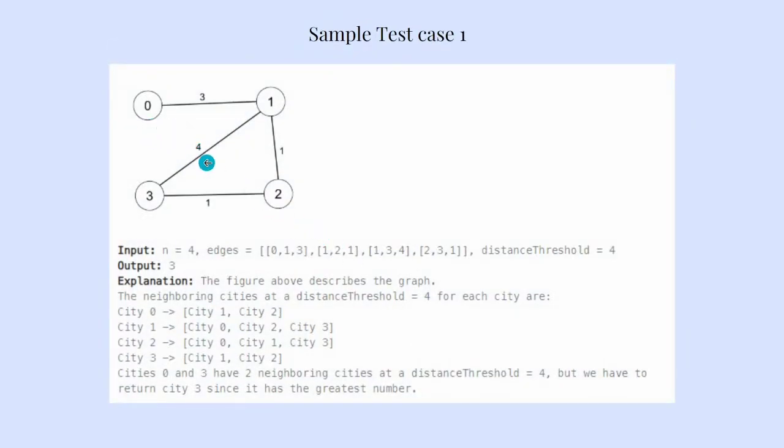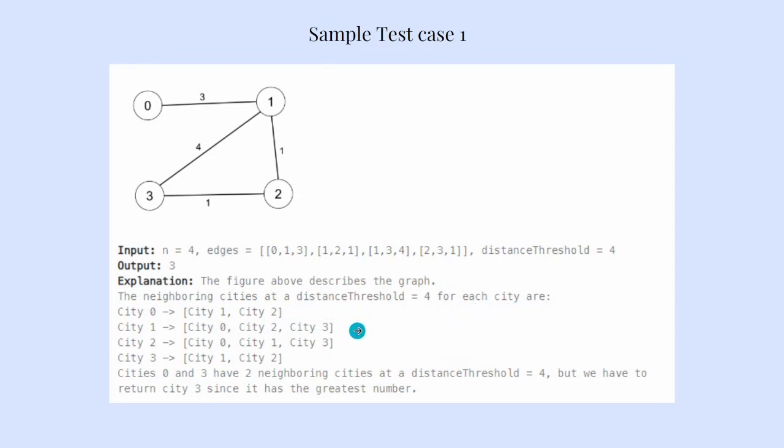Consider this as the first sample test case. Here the given inputs are n equal to 4, that is the number of cities, and the edges, that is from, to, and the weight of i are given, and the distance threshold is equal to 4. So the output is 3, and the explanation given here is the neighboring cities at a distance threshold equal to 4 for each city: city 0 has cities 1 and 2.